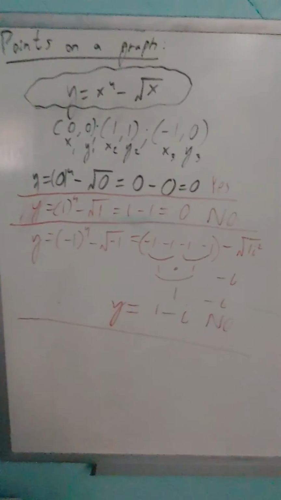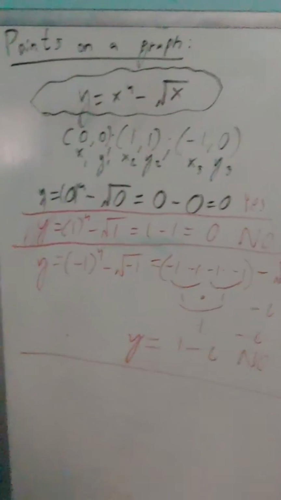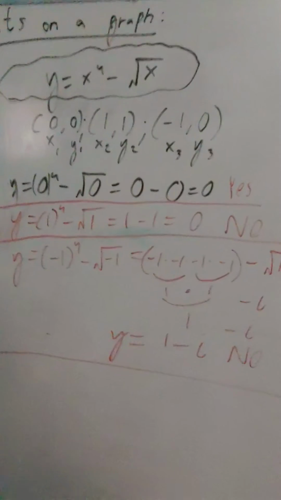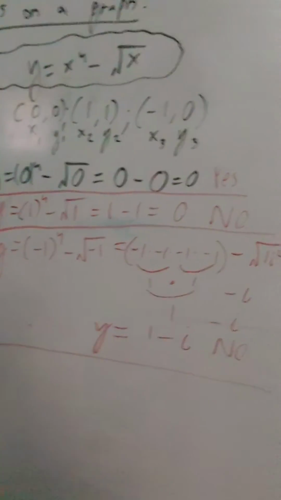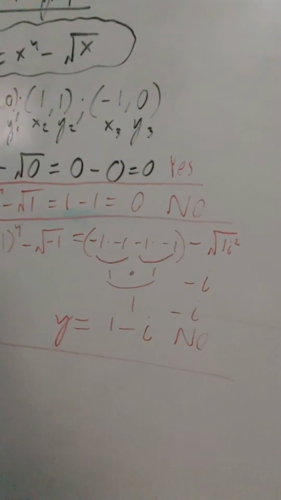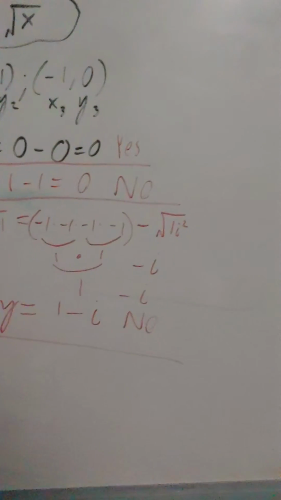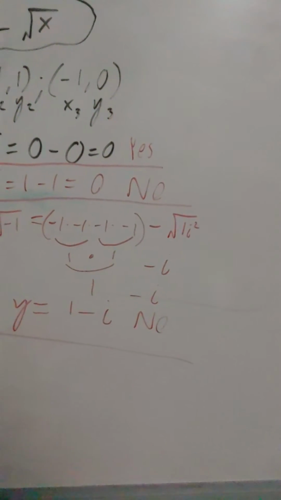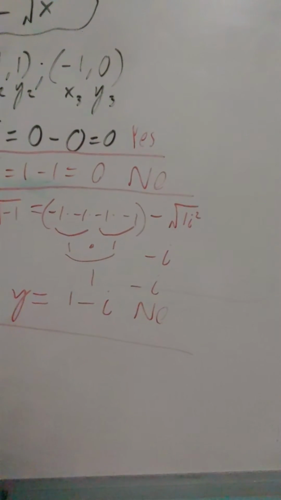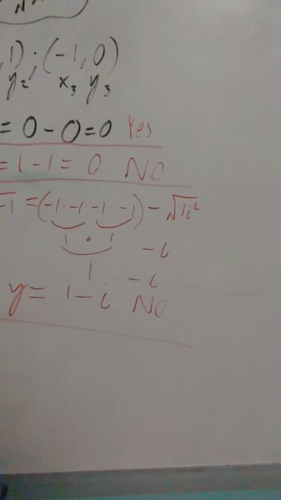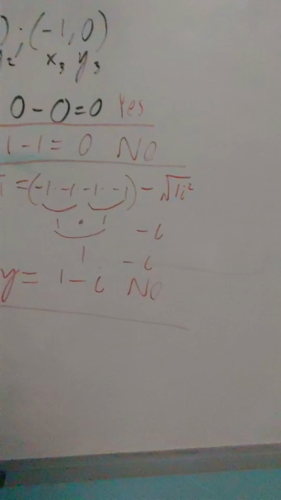So anyways, negative 1 to the fourth power is just negative 1 times negative 1 times negative 1 times negative 1. And that all comes down to 1 times 1, which is just 1. Now, the square root of 1 i squared, you can take out 1, and then you can take out an i. i times i is just i squared.